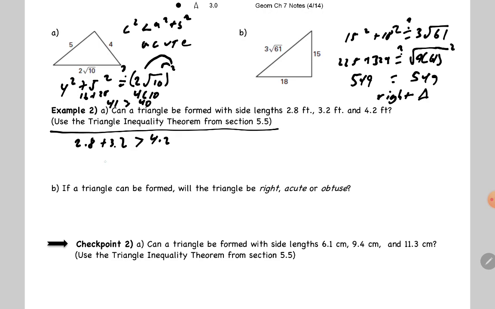And in this case, we get 6.0 is bigger than 4.2. So yes. The triangle inequality theorem says that if you pick any two sides of a triangle and add them together, the sum must be bigger than the third side.